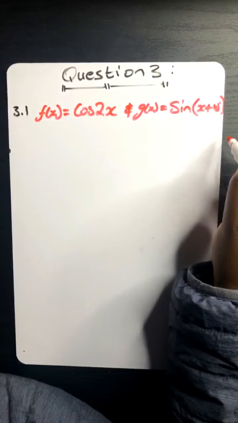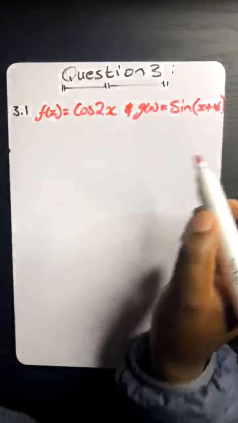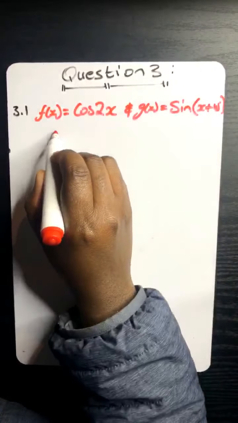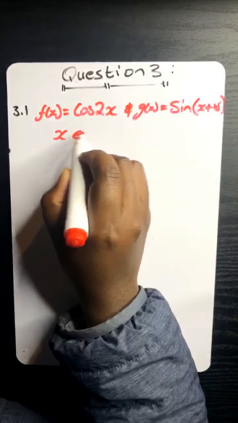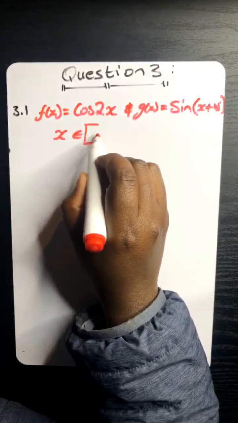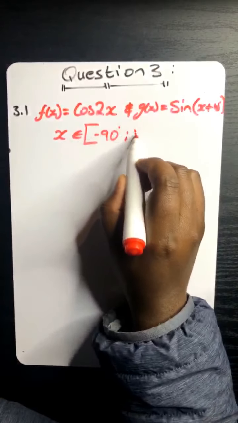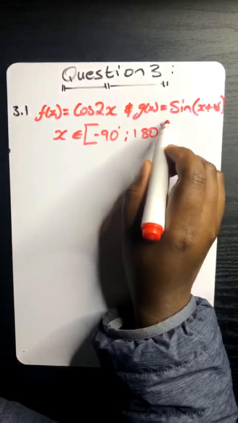The range is where x is an element of negative 90 degrees to 180 degrees.